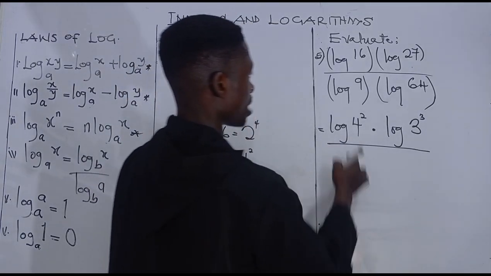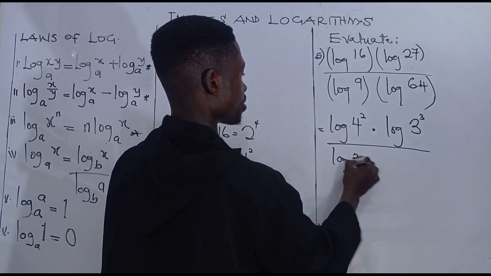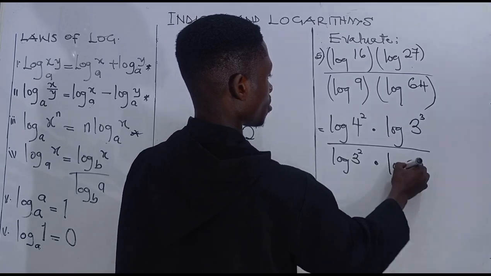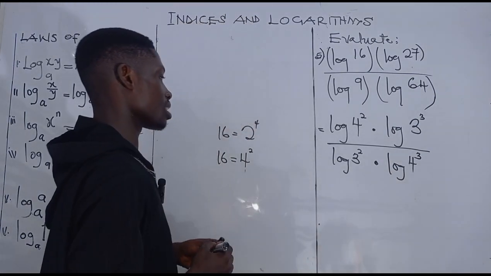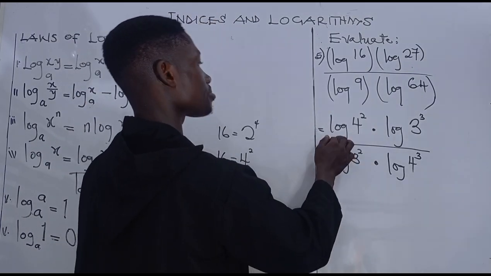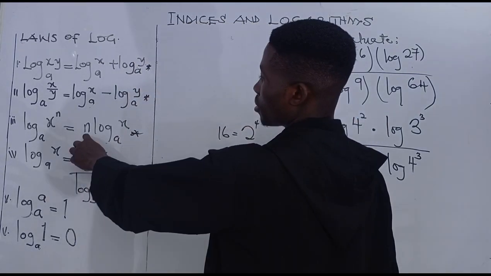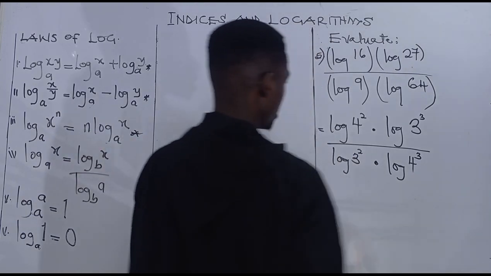Now all of this divided by, we can also write this as log of 3 raised to the power 2 multiplying log of 4 raised to the power 3, because 4 raised to the power 3 will give us 64. Now looking at this, we have log of 4 raised to the power 2. Applying this law, the power will come in front and multiply the log.